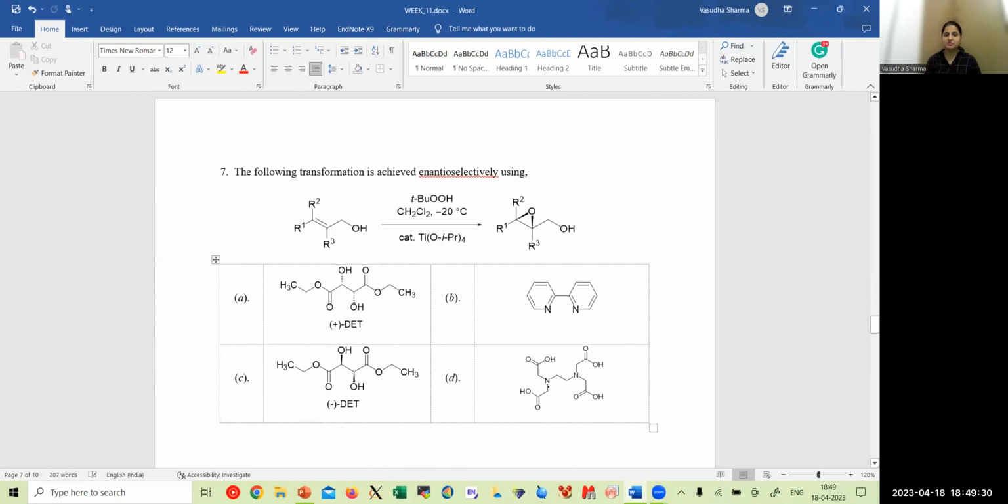So the following transformation is achieved selectively using. Here this is a bit important. Firstly, you just need to identify this is nothing but your allylic alcohol. And this is your peroxide, which is the oxidant.